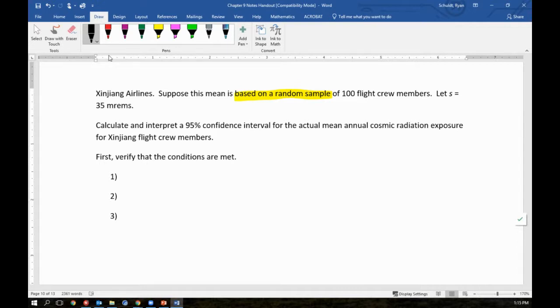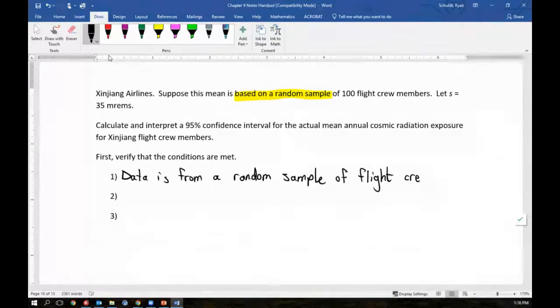So, data is from a random sample of flight crew members. Let's be specific here because they could be a random sample, but if they're testing the gate attendance, is that really doing much good?